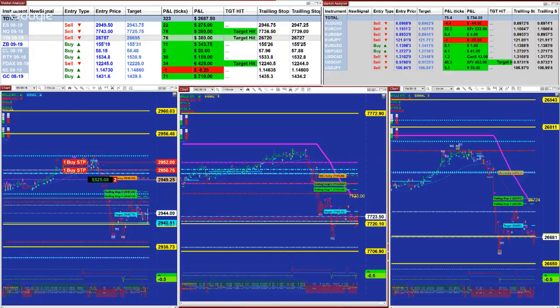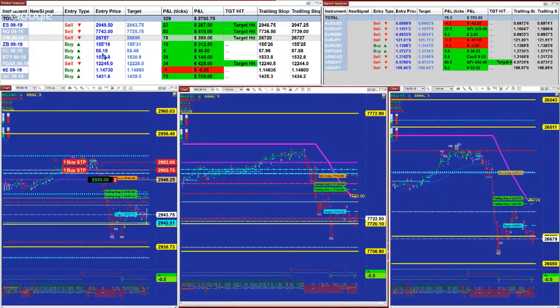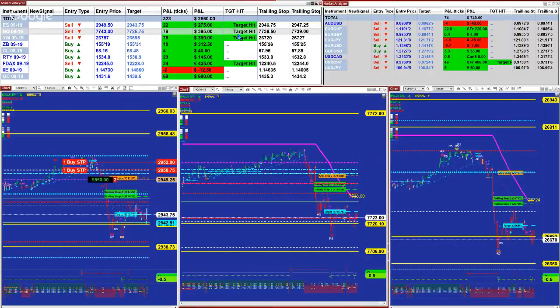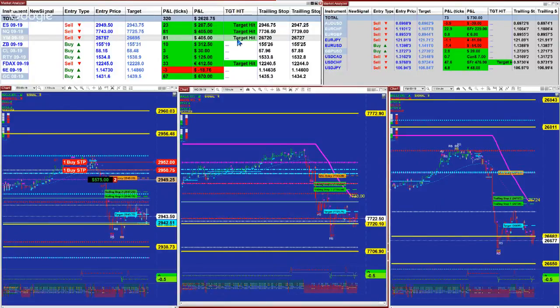And at the moment, the Nasdaq, as you see, we already hit the target, nailed 8280 ticks on the Nasdaq, and it hit the target on the YM. So we are done with the YM and Nasdaq.